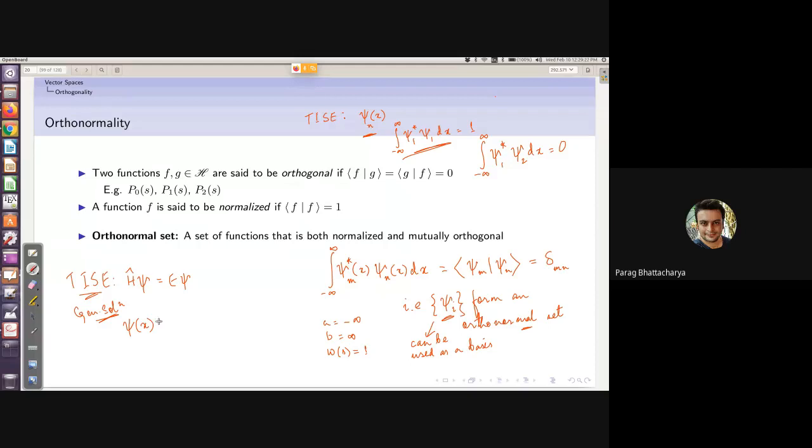How can you write down this general solution? If you remember, how do you write it down? Sum over n equals 0 to infinity, some constant Cn times psi n, right? What are these psi n's? These are your eigenfunctions.